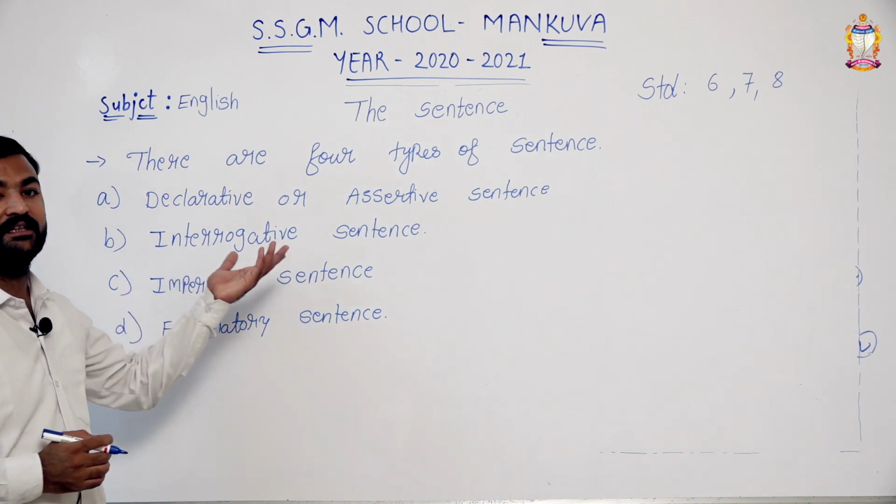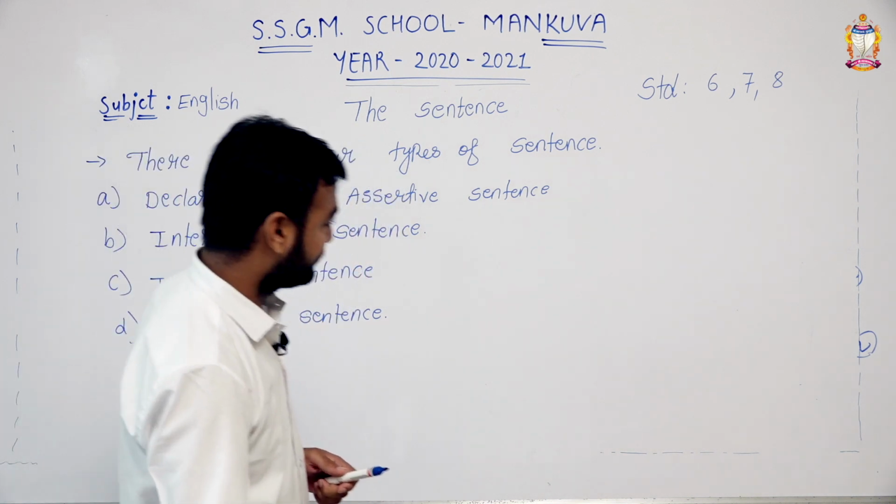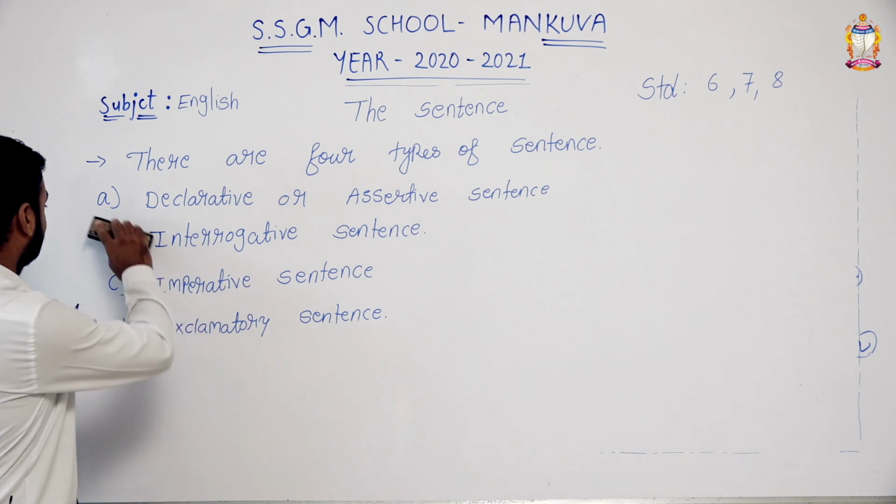Now let's learn in detail about all four types of sentence. Number one, declarative or assertive sentence.